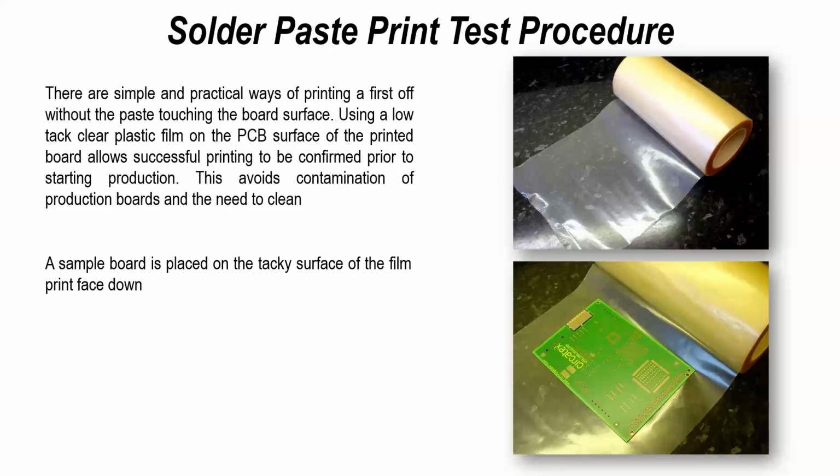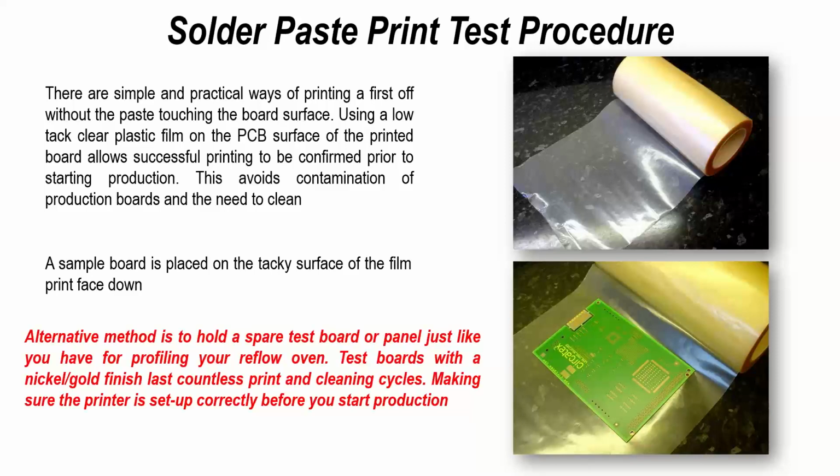There are others. And what I would suggest, a better way of doing it, is print onto the actual board, but not as part of the production batch. Just like we get a board for reflow soldering to set up our oven, why not get a board to set up your printer?